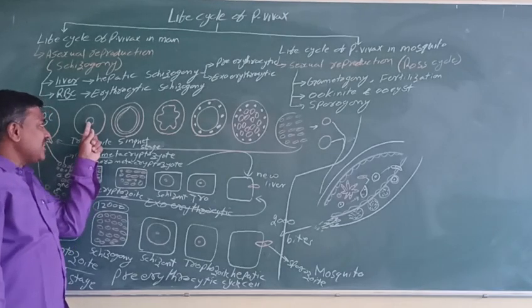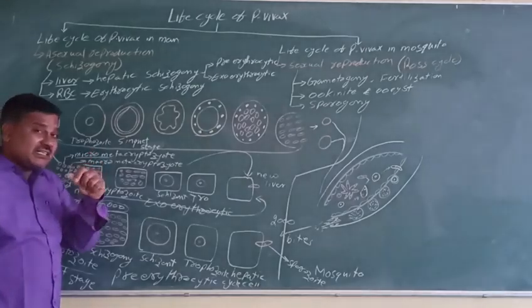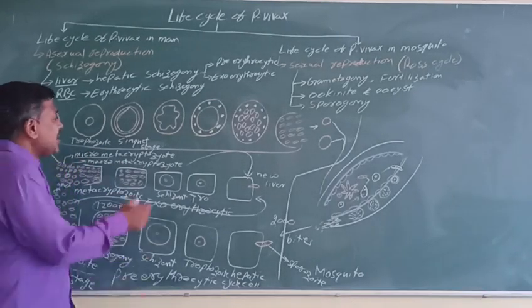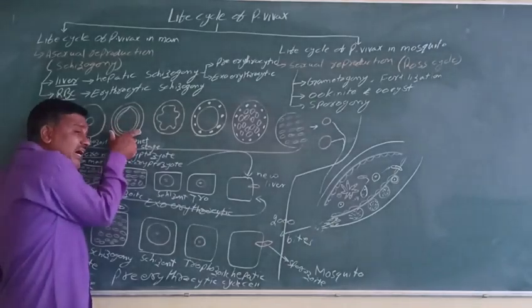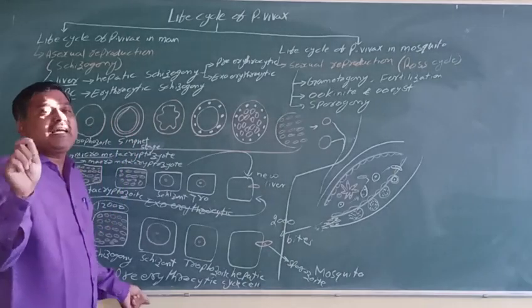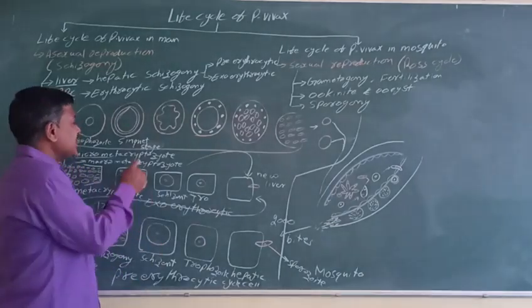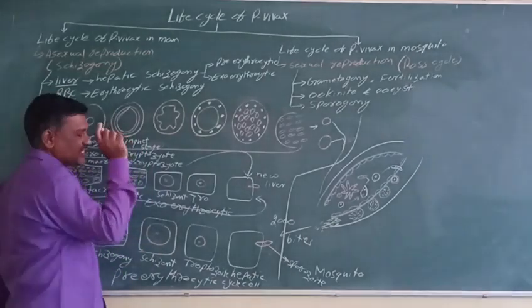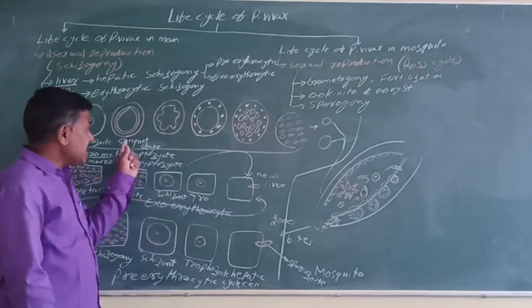Now this cell develops the vacuole. The vacuole size increases, and this RBC looks like a finger ring. That's why this stage is called the signet stage.